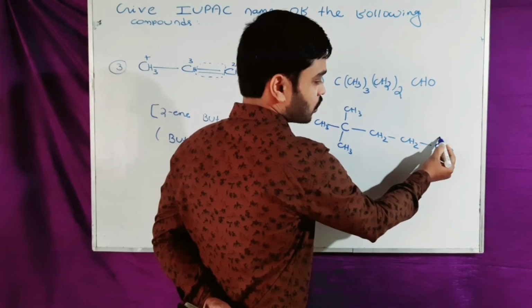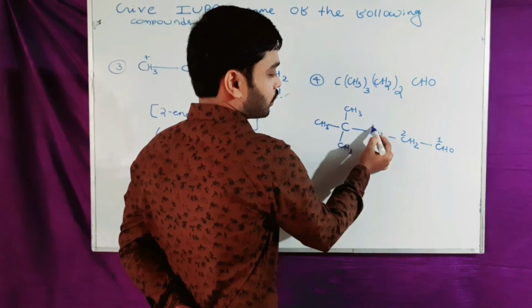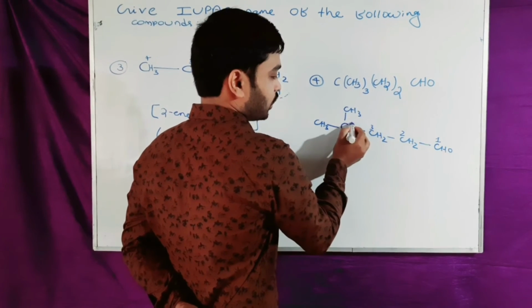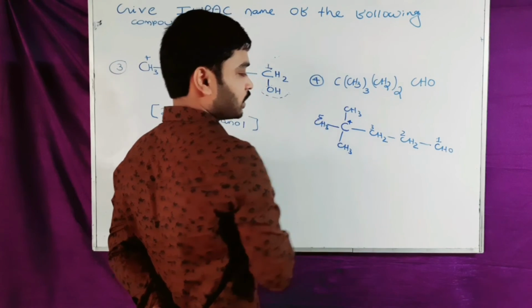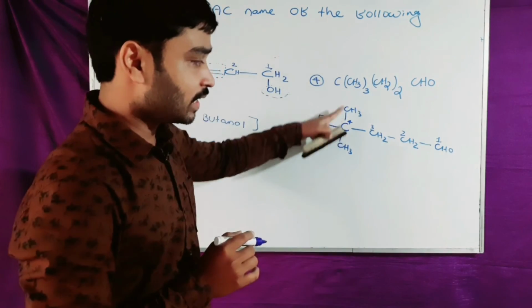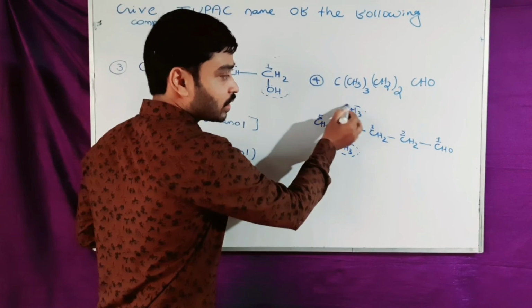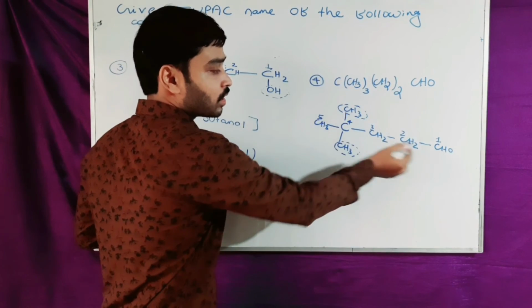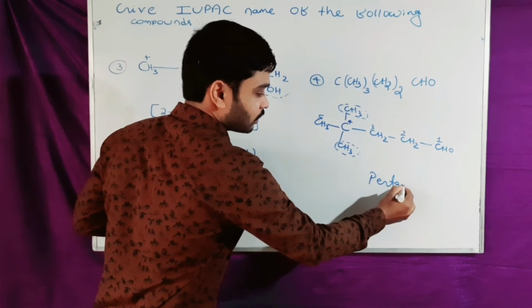So the number 1 position will start from this side and it will progress from right to left, and if you reach here you can move to any side. I am just going for this side, and in this case two identical substituent groups are present. That's why the name will be pentanal.